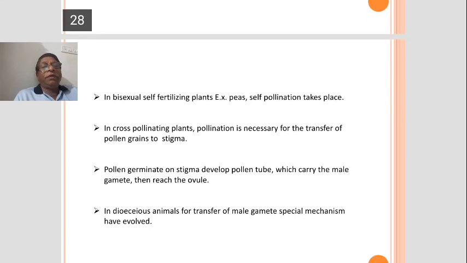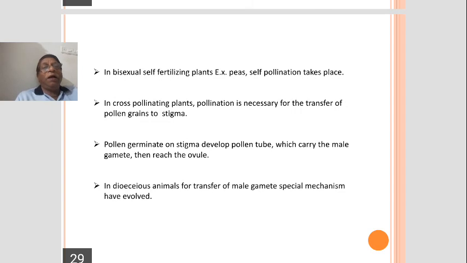Now, in bisexual self-fertilizing plants, take example pea, botanical name Pisum sativum, self-pollination takes place.